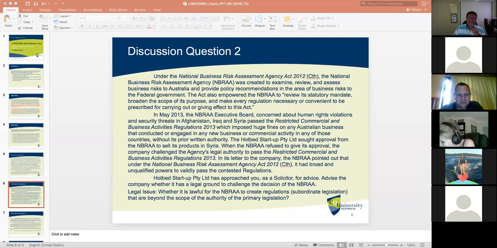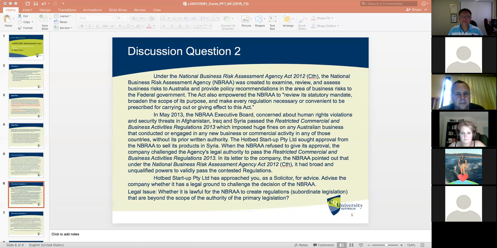Under the National Business Risk Assessment Agency Act 2012, Commonwealth, the National Business Risk Assessment Agency was created to examine, review and assess business risks to Australia and provide policy recommendations in the area of business risks to the federal government. The Act also empowered the NBRAA to review its statutory mandate, broaden the scope of its purpose, and make every regulation necessary or convenient to be prescribed for carrying out or giving effect to this Act.